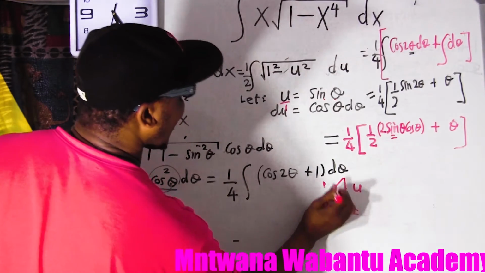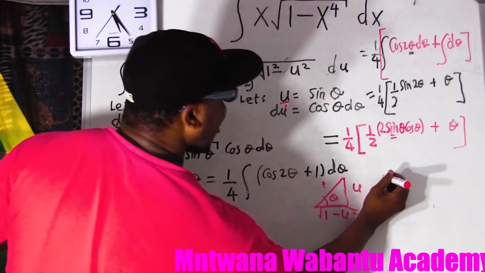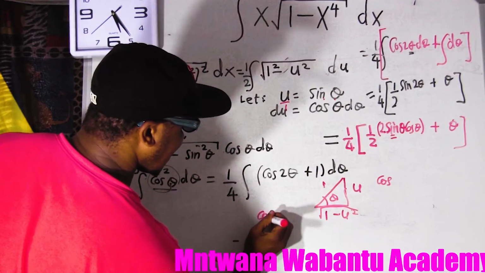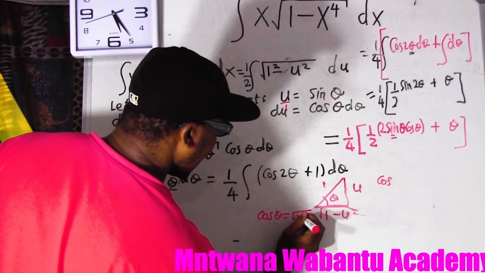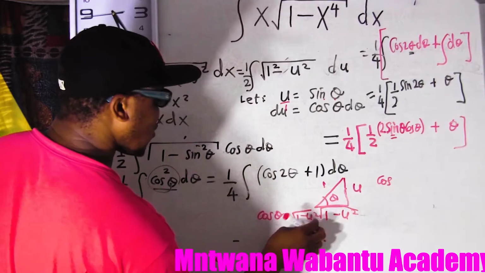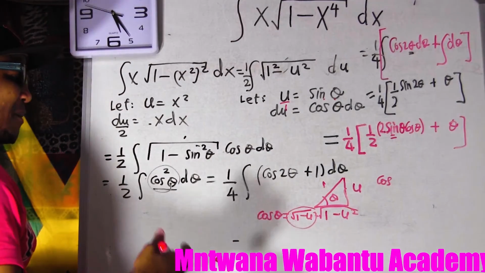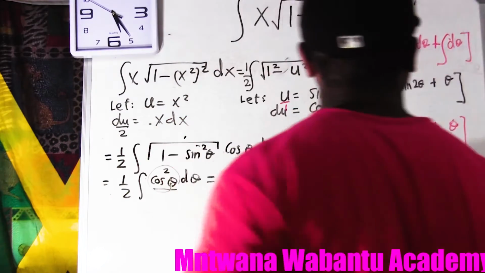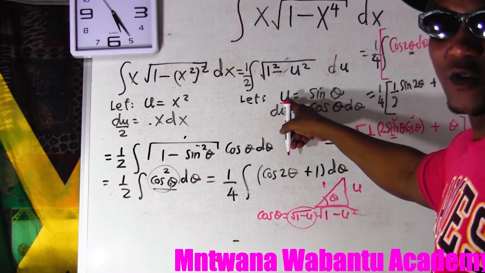And what is the angle? Our angle equals theta. So if you want to get cos, it's easy because cos of angle equals adjacent over hypotenuse 1. It's going to be the same thing because anything divided by 1 is that something. So cos of theta we know is the square root of 1 minus u squared. So I know my cos of theta and sine of theta, and theta itself is sine inverse of u.